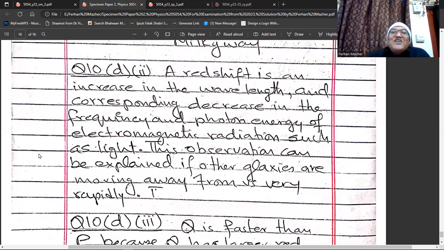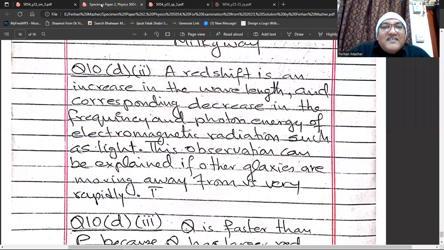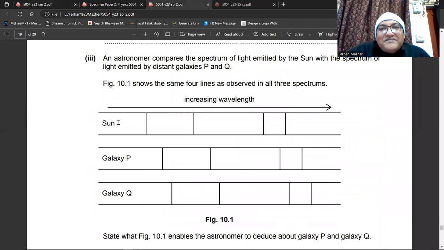This redshift happens when a galaxy or a star is moving away from us, and this can be explained also by the help of the Doppler's effect. Okay, you can search for more videos on the Doppler effect. I have also tried to explain to you: Milky Way, EMF radiation, light shifted towards longer wavelength, stars and galaxies moving away. I hope you understand.